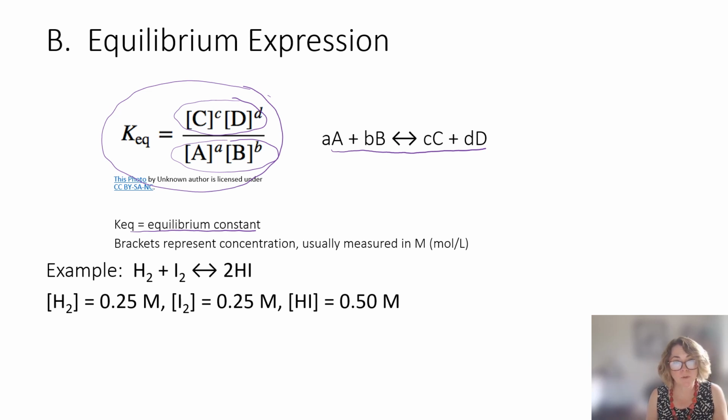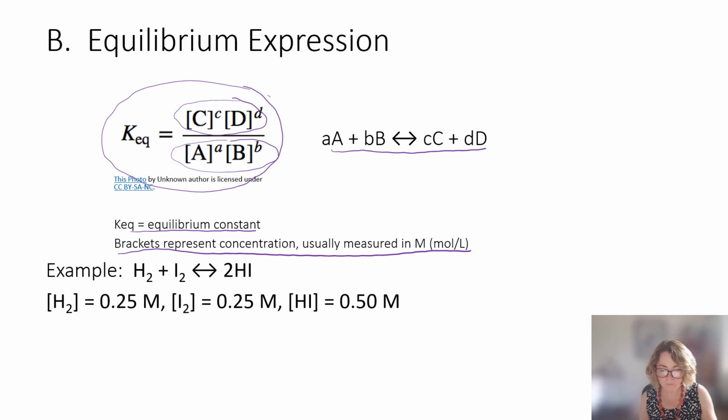We generally put them in terms of concentration, so it's the concentrations of the products divided by the concentrations of the reactants, again raised to the power of the coefficient. Those brackets generally represent concentration, usually in terms of moles per liter. So I want to take you through an example, and we'll write out the equilibrium expression first, and then we'll plug in the values to figure out our equilibrium constant.